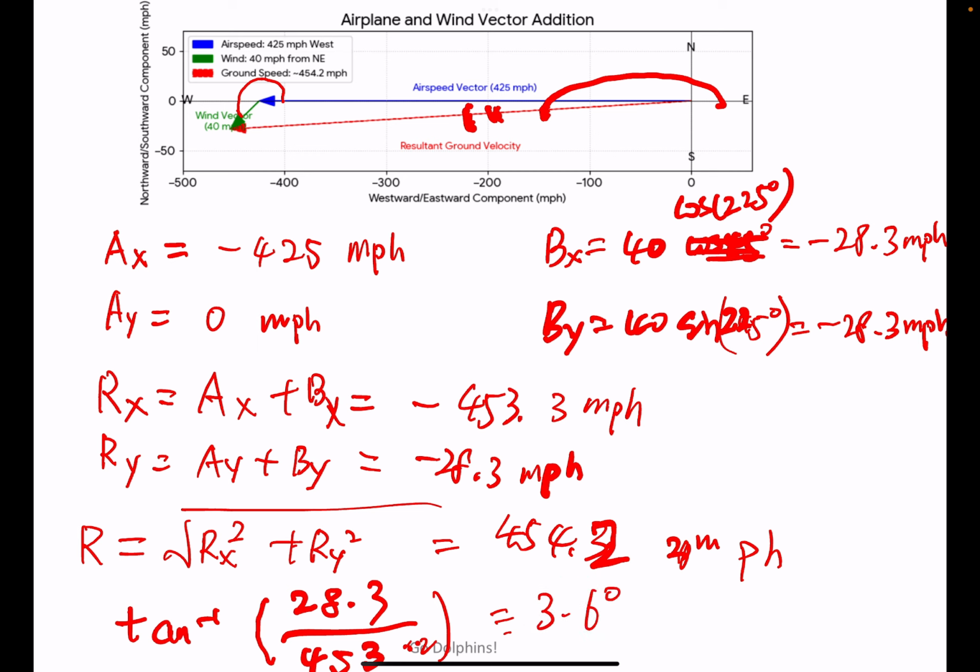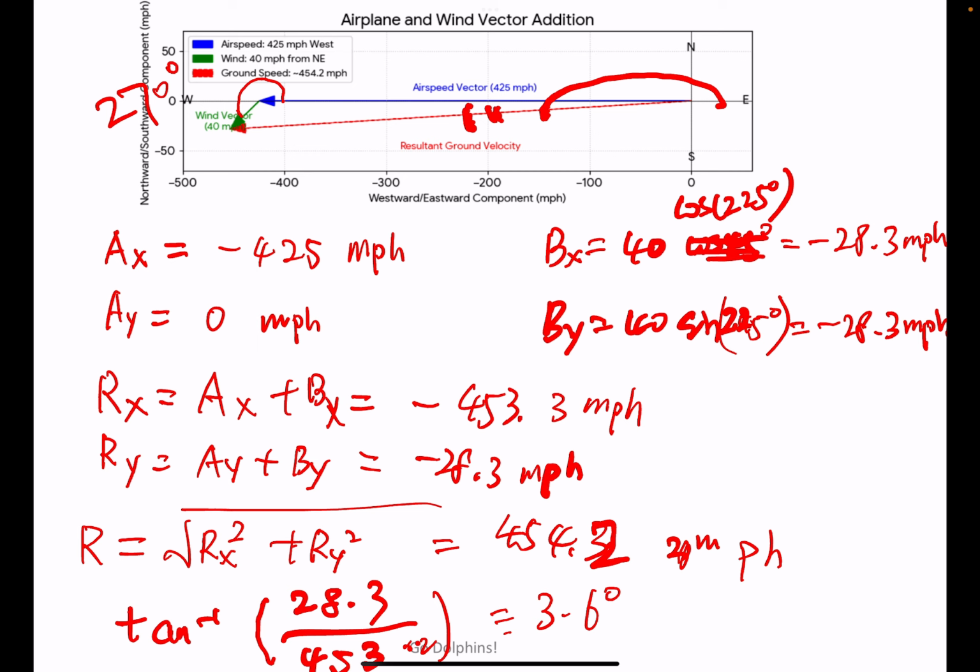And then the bearing, of course, on a compass, west is 270 degrees.